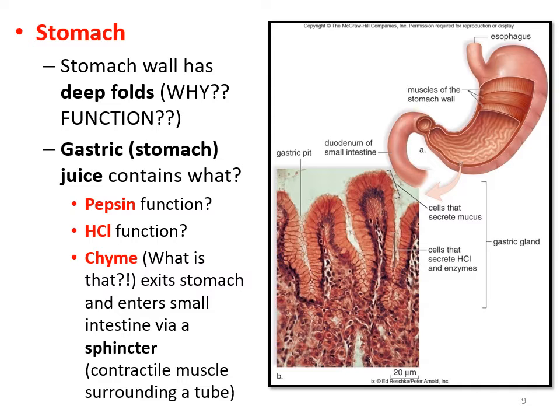Okay? Now, what's very important about the stomach, in addition to that special lining that it has, is that it contains very valuable gastric juices. And those gastric juices basically include hydrochloric acid and pepsin. I'm going to focus on pepsin first because it's a very specific function that pepsin has.